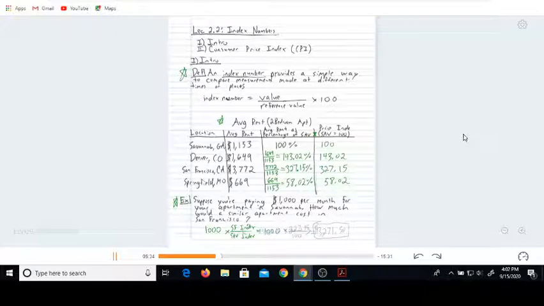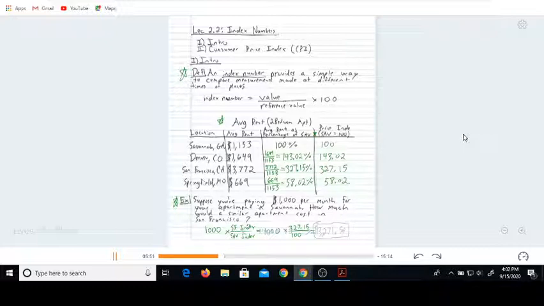So that 1,000 comes from Savannah, so that means the Savannah index is in the denominator, which that index is 100, and then San Francisco index, if we look at our chart, is 327.15. And that will give us our answer.